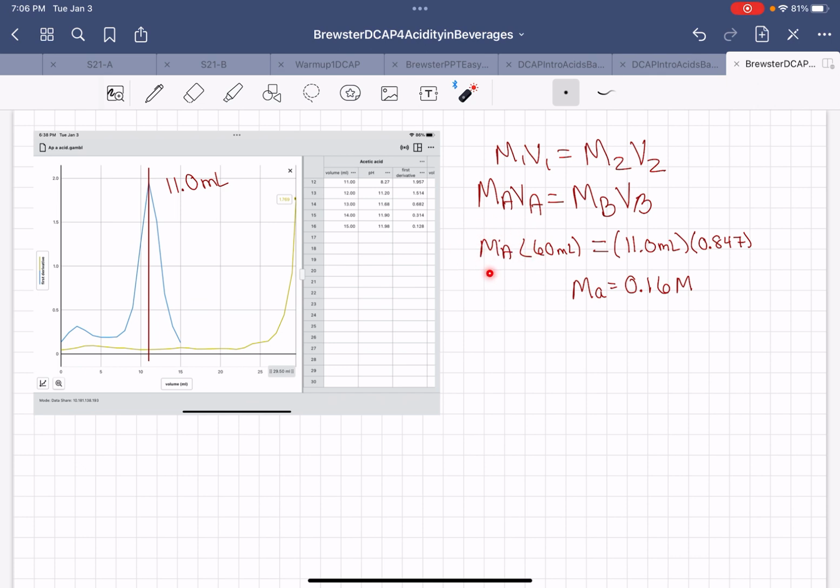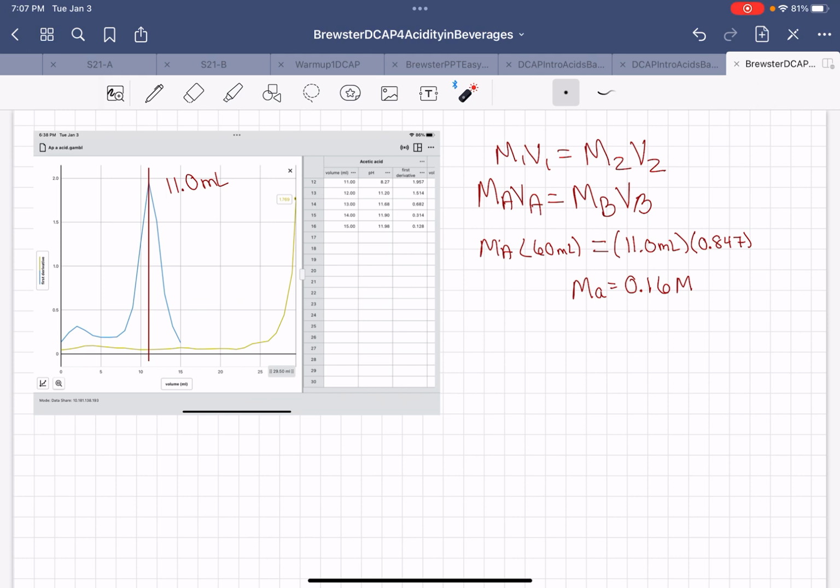I'm solving for MA. My volume of my acid was the 50 plus the 10 of the acetic acid, so I have a total volume of 60 milliliters. Sorry, that's actually volume. I'm going to put in the volume that came off the graph, which is 11, times the molarity that I just solved for with the KHP. When I do that, I get the molarity of the acetic acid.